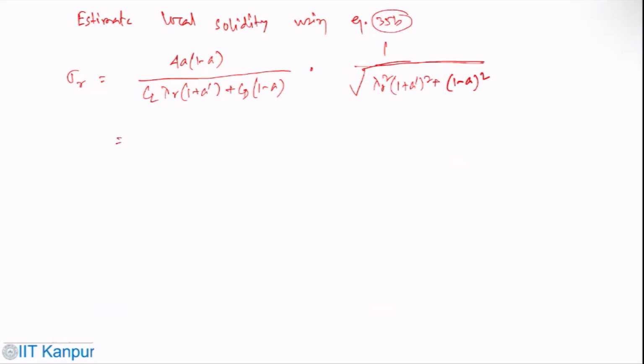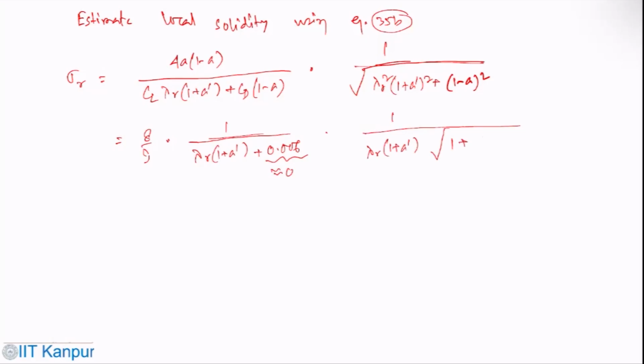So what we get is 8 by 9, 1 by lambda r 1 plus a prime plus 0.006, which is equivalent to 0.1 by lambda r 1 plus a prime 1 plus 4 by 9, 1 by a prime lambda r. So this is also equivalent to 0.